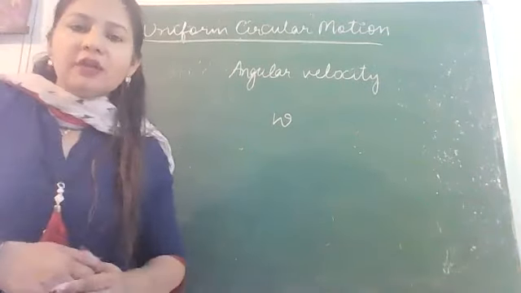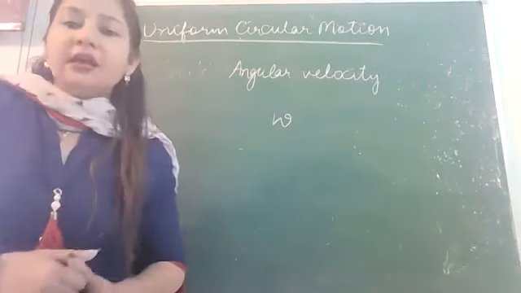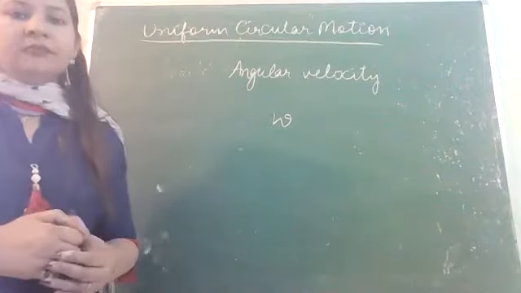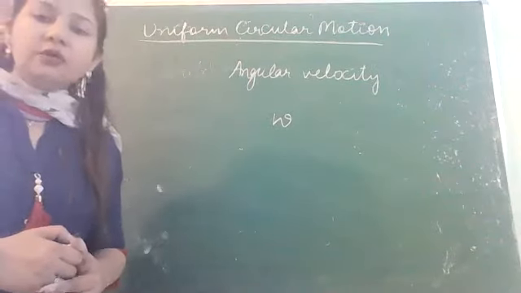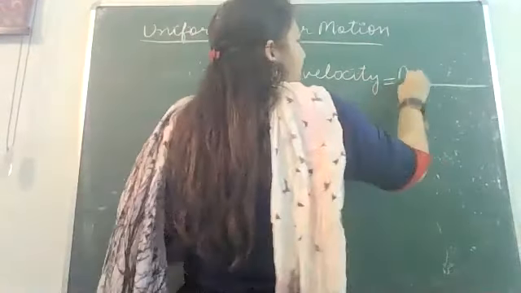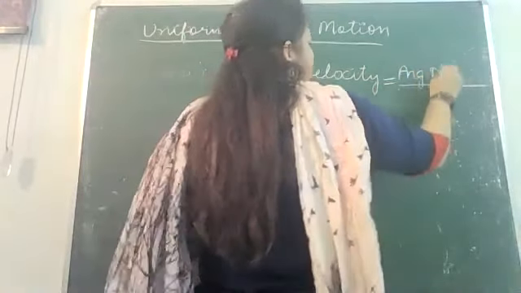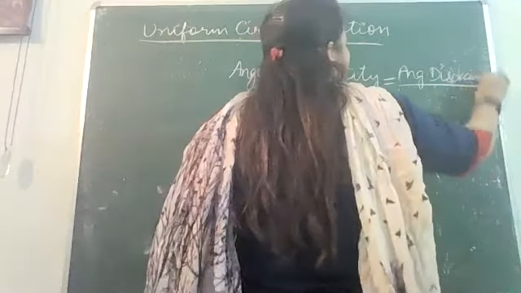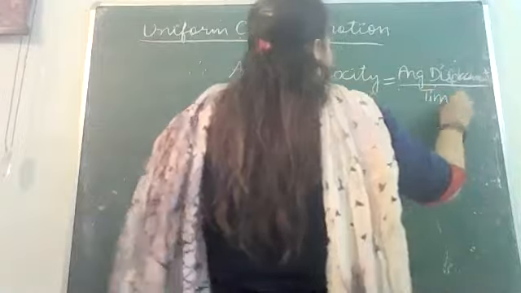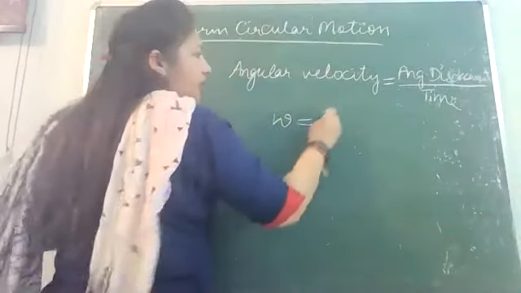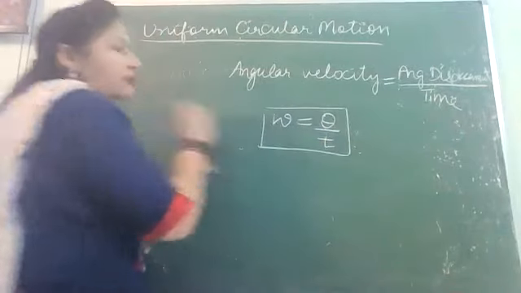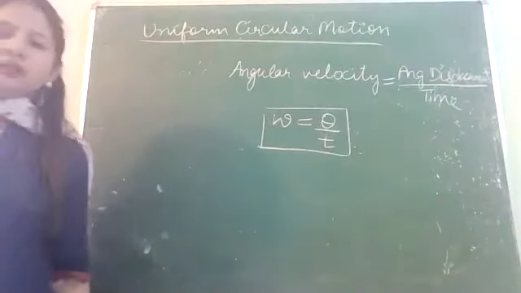So its formula becomes angular displacement over time. The symbol is omega, so omega is theta over t. This is the formula for angular velocity, angle over time.